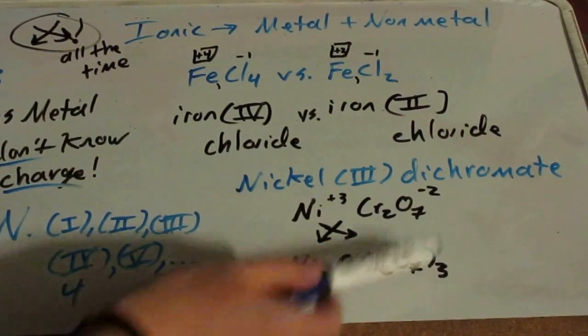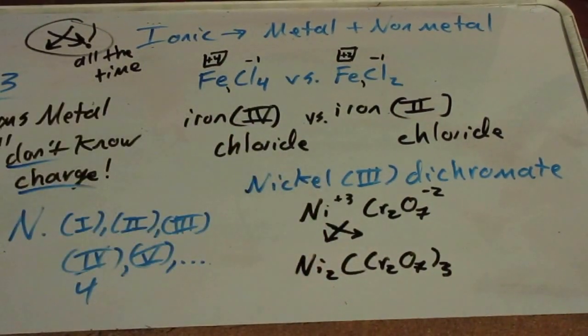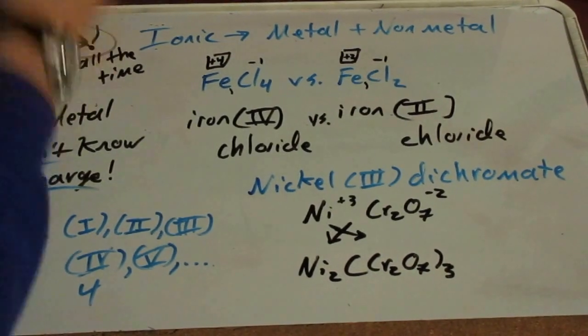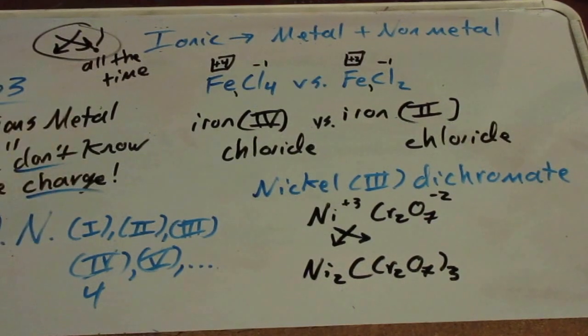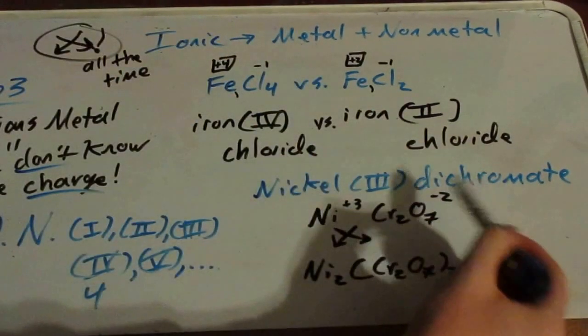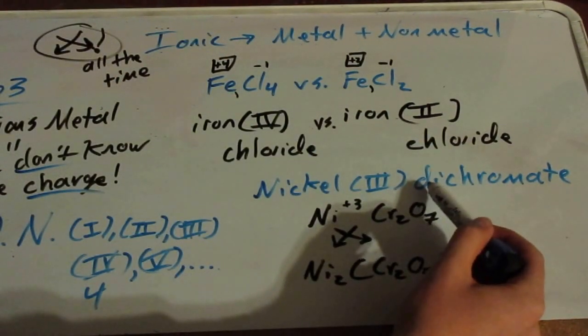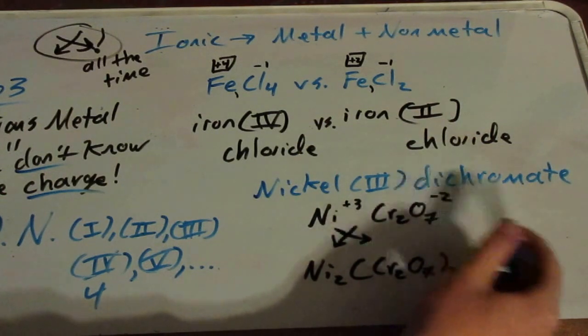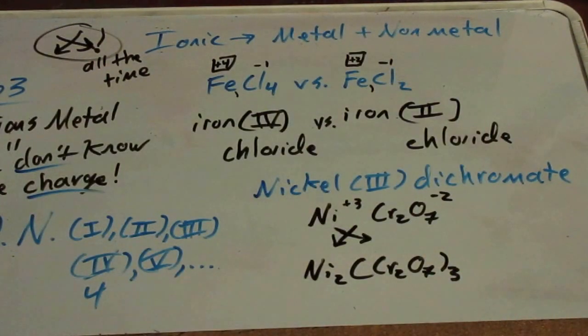Essentially, there's a +6 and a -6 on both sides. That's essentially how all the ionic ones work. I crisscrossed every single one. There wasn't a single prefix on here, except maybe dichromate, but that's a polyatomic, which is different. That'll make your life a lot easier.